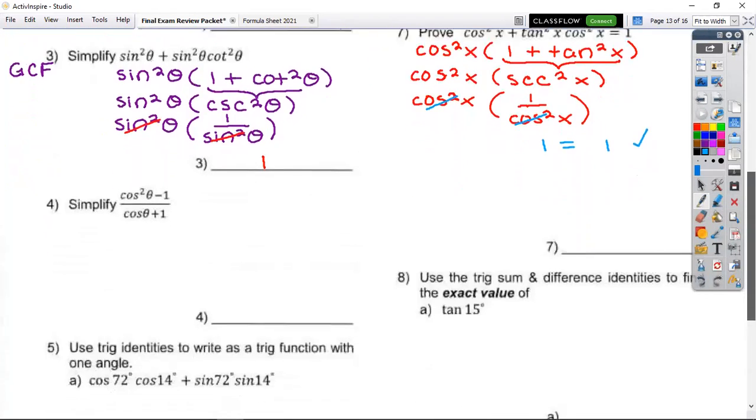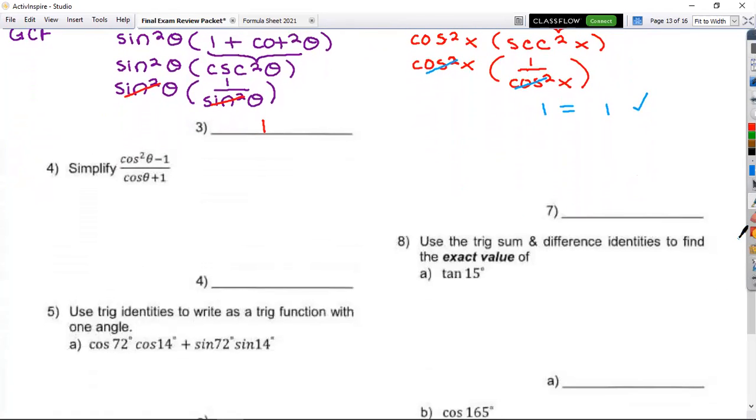All right, down to number 4. So you want to simplify. Now, I have cos squared theta minus 1. I want you to think of that as like x squared minus 1. So this is actually difference of 2 squares factoring. So cos squared theta minus 1 factors into cos theta plus 1 times cos theta minus 1.